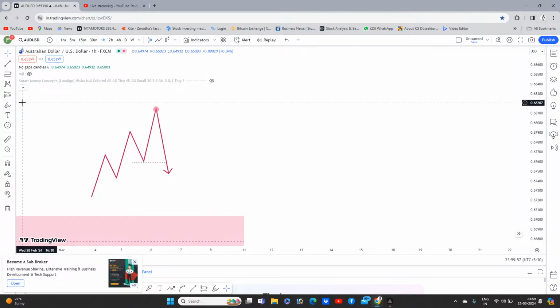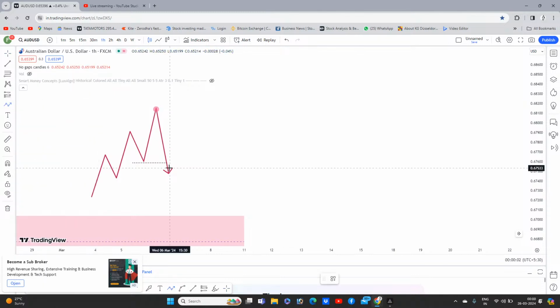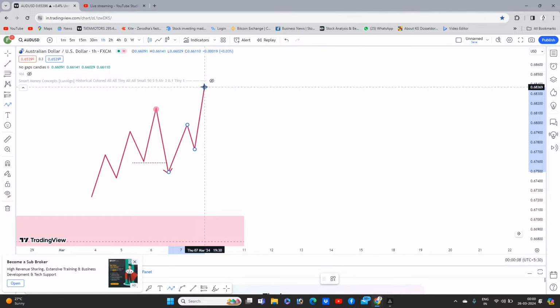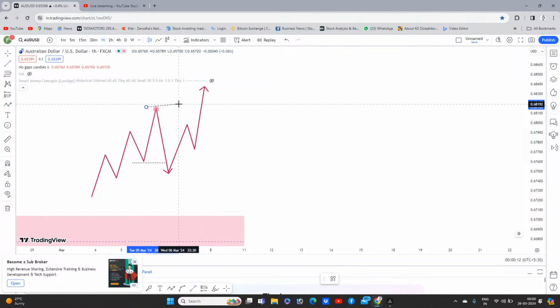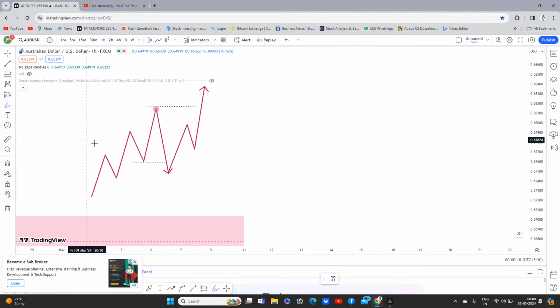Now, listen very carefully, when the market breaks this swing point, like this or straight away, only then can we say that the market has created a higher low here.